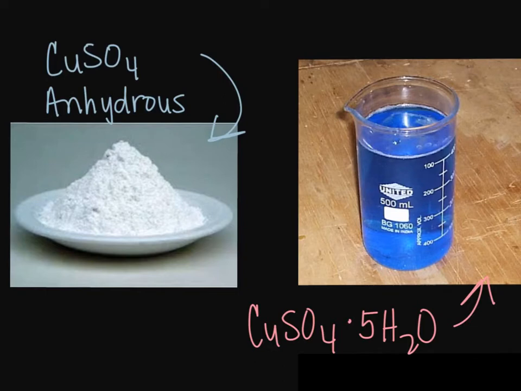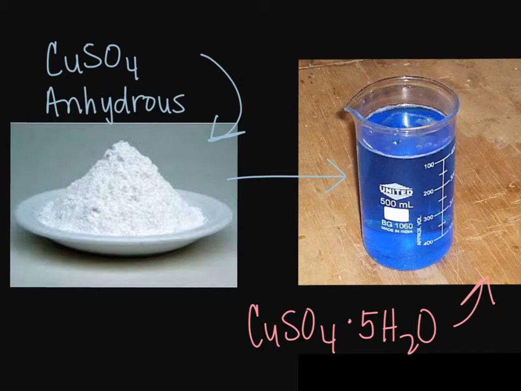And then when we add water to it, the solution is blue. And that is pretty cool about this particular hydrate, is that when water is in the structure, it will change color. Not all hydrates do that, but it is pretty cool if they do. Now, do you think that I can turn this blue solution back into a white powder? So think about it.